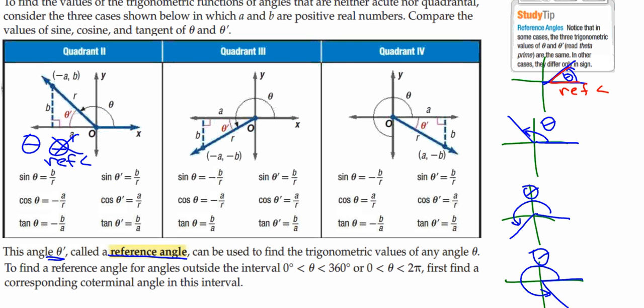Do you think you know where the reference angle is? Right here. It's going to be this horizontal up to the terminal side, right there. And the reference angle is always between 0 and 90, or 0 and pi over 2.